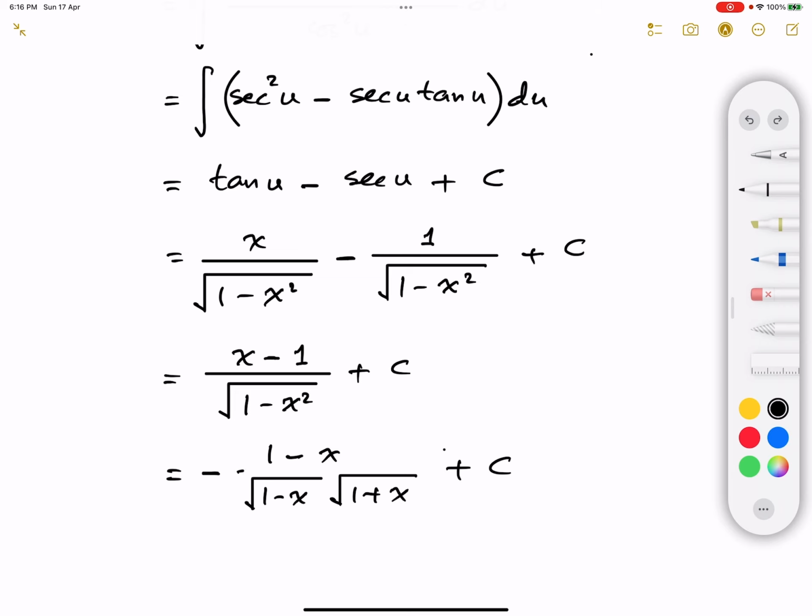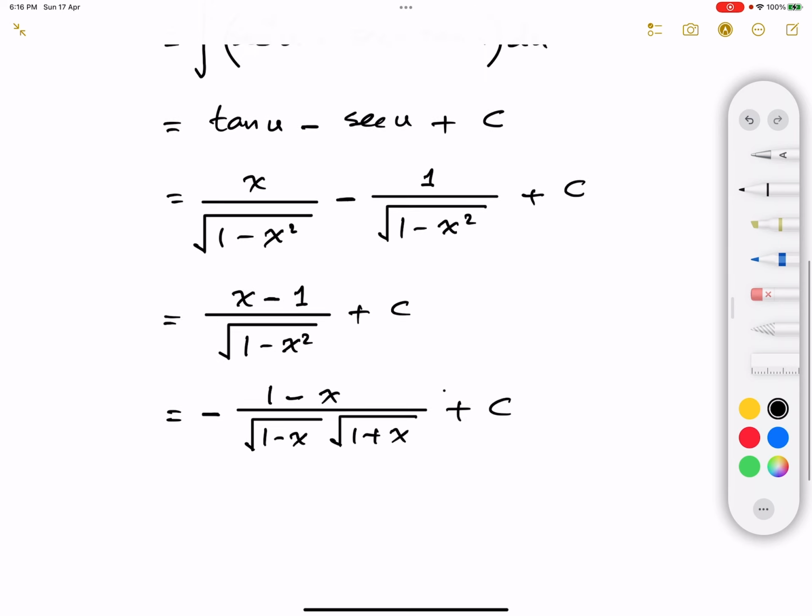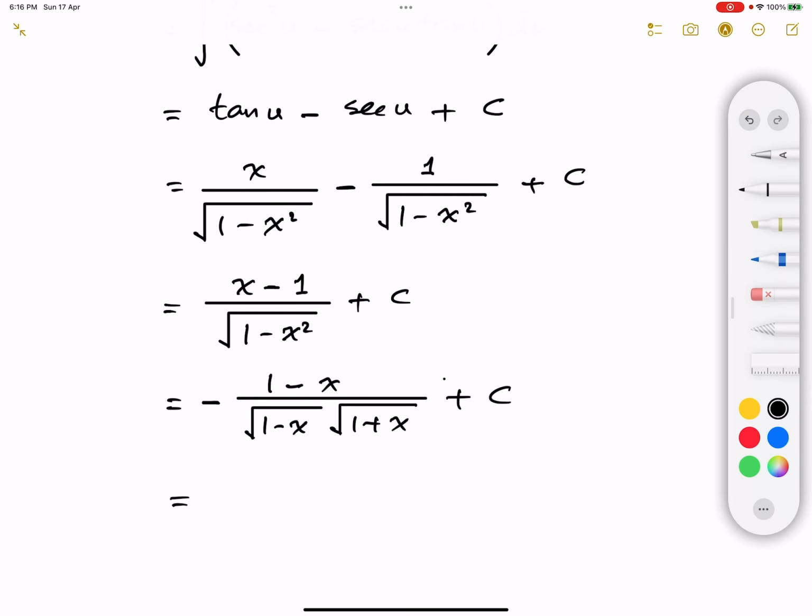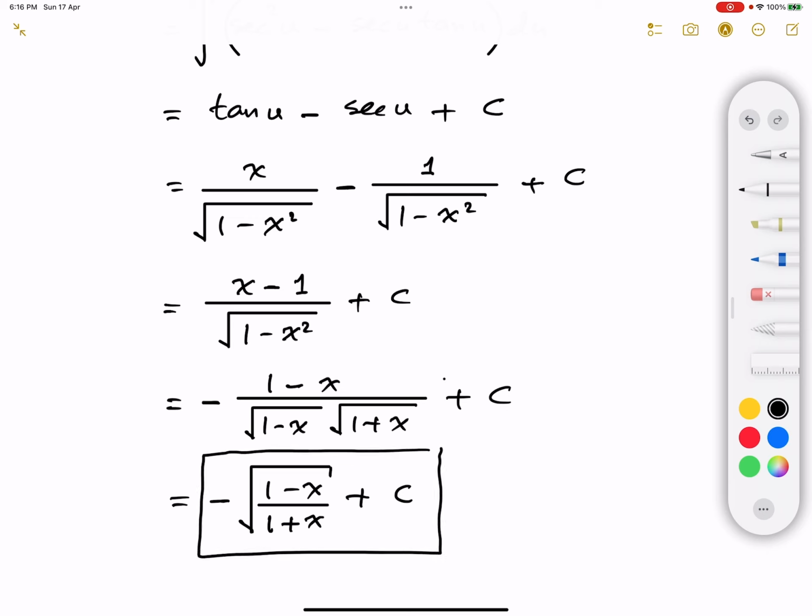Let me rewrite that. Now 1 minus x in the numerator would cancel with the square root of 1 minus x in the denominator, leaving us with a square root in the numerator. The two square roots in the numerator and the denominator can be merged together in one square root. So the final answer is going to be the negative of the square root of 1 minus x over 1 plus x, and of course the integration constant c, and that is the final answer to this problem.